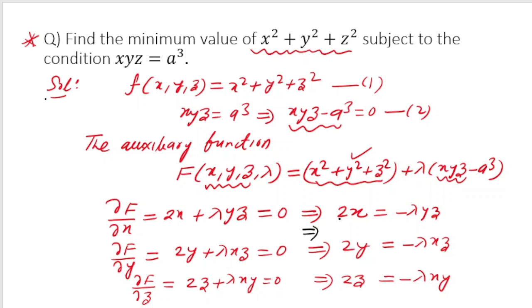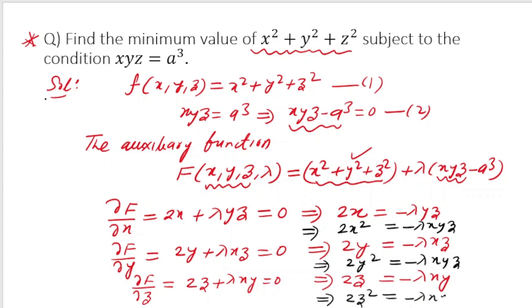If you look at the equation that I have got, I multiply both sides by x. So from here I will get 2x square is equal to minus lambda xyz. If I multiply the second equation by y, I will get 2y square is equal to minus lambda xyz. And if I multiply the third equation by z, I will get 2z square is equal to minus lambda xyz.